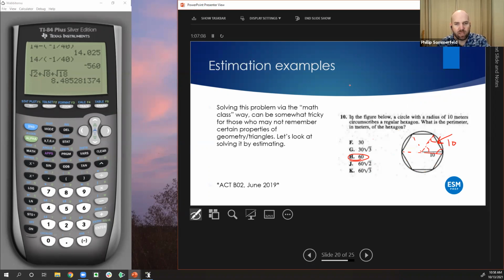But if you just look at it, what does the side look very, very close to? It's technically supposed to be the same length, right? It looks very, very close to the lengths of the outside legs. So if you were in a pinch and you didn't really know how to go through the geometrical proof that I just went through, you can just say, okay, well, this is probably pretty close to 10.